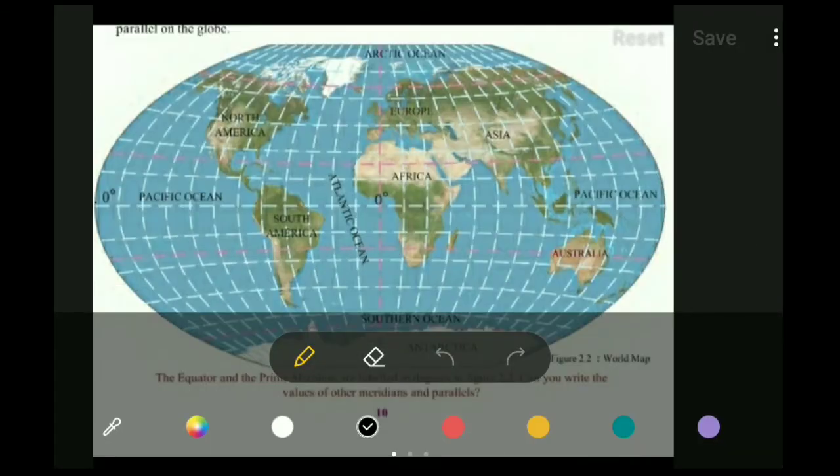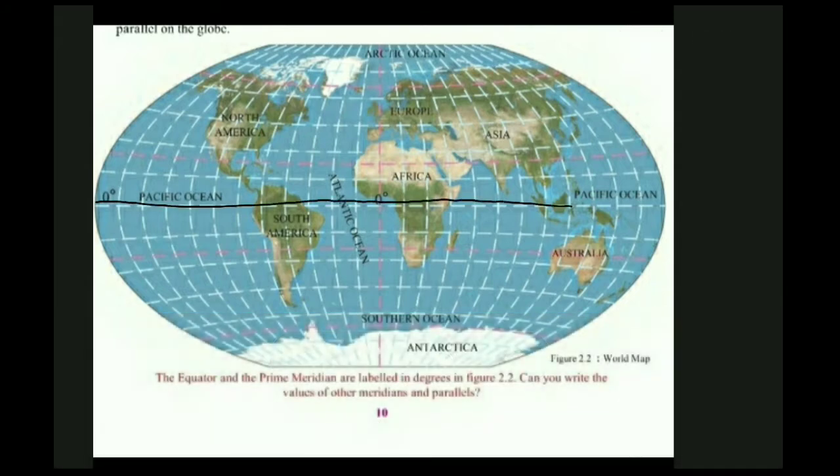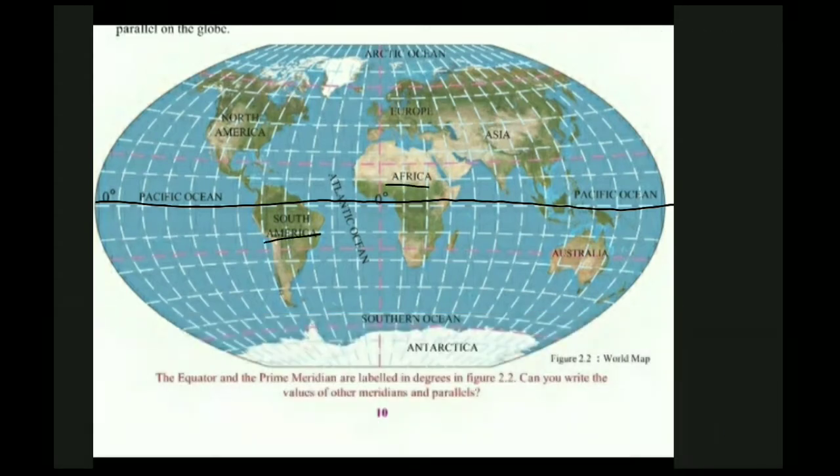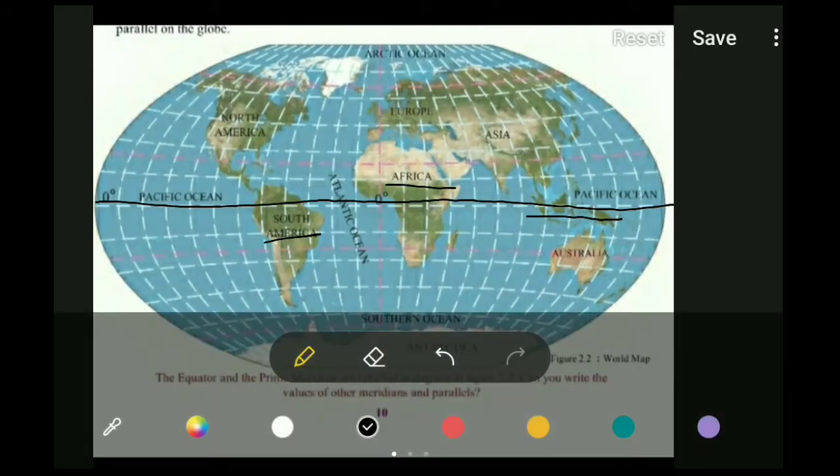So let us see the continents through which this equator passes. It passes through South America, it passes through Africa, and this part of Asia.